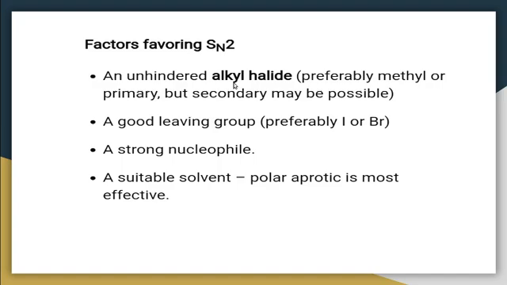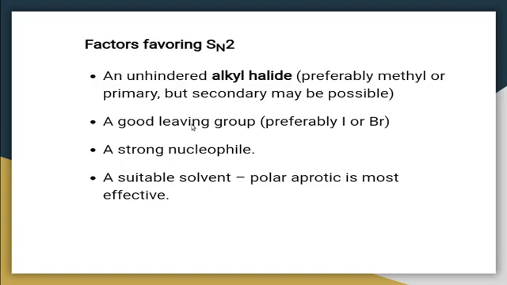If the alkyl halide is secondary or tertiary, the steric hindrance will be very high. So the tendency of the alkyl halide for SN2 reaction will be high when it is primary or methyl, and sometimes for secondary alkyl halide also.